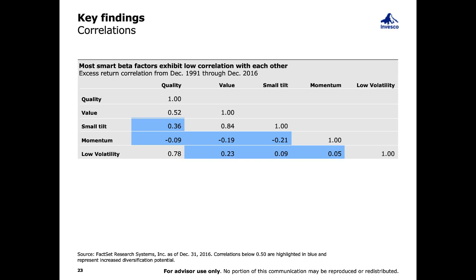Momentum and low volatility stocks add diversification benefits to a value portfolio. Quality, momentum, and low vol stocks add diversification to a small cap portfolio. Value, small, and momentum add diversification benefits to a low vol portfolio. The one interesting thing to note on this slide, though, is that you get strong diversification benefits from all factors against a momentum portfolio.